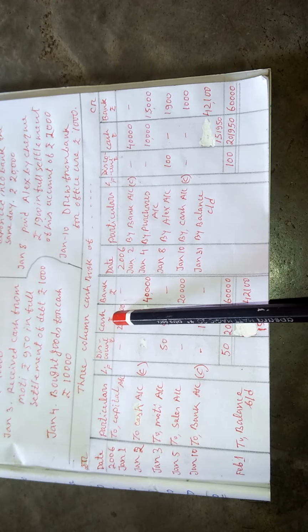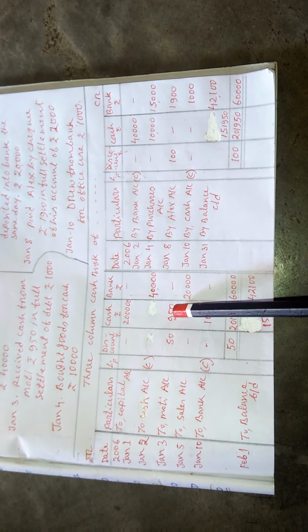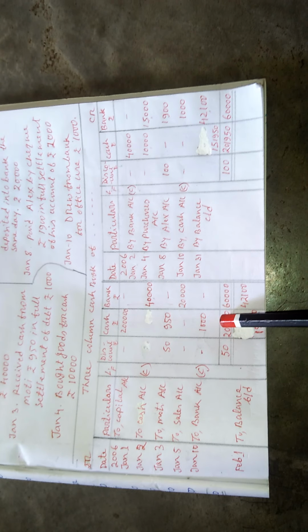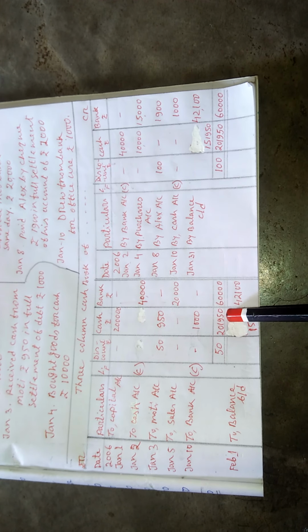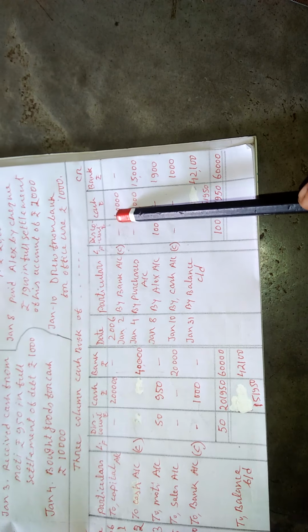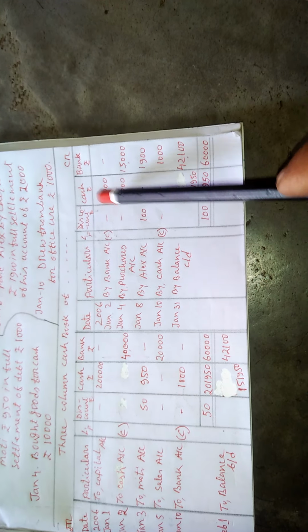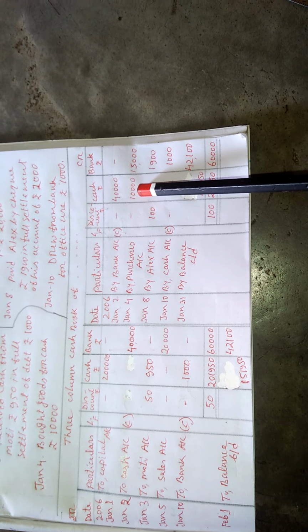The cash column of this three column cash book is in balance. Now let us see the cash column. Cash column in the receipt side or debit side, you see 2 lakhs, 950 and 1,000. So it is 2 lakh 1,950. So on the credit side also we have recorded 2 lakh 1,950, but actually only this amount 40 and 20 and 10,000. So 50,000 is the payment we have made.